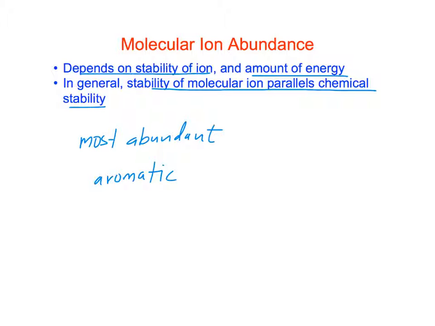All right? The next might be conjugated systems. Right? Or conjugated alkenes, or even cyclic compounds. Because then you have to break more than one bond to break it into separate fragments.